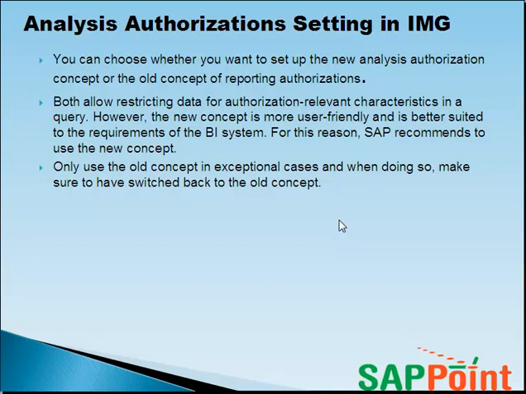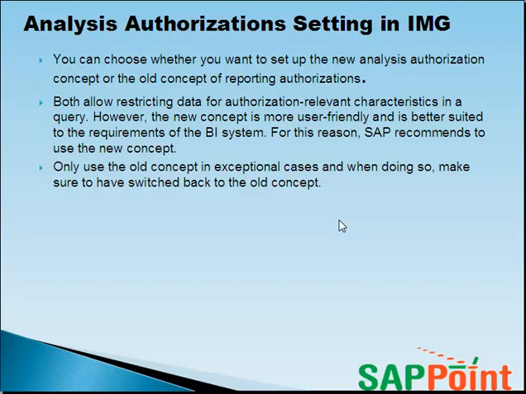Now, both of these options allow restricting data for authorization relevant characteristics in a query. So in BW it is info object level security. Here these are called characteristics. However, the new concept is more user friendly and better suited to the requirements of the BI system.